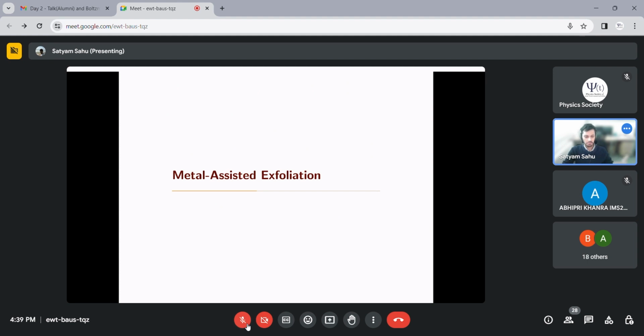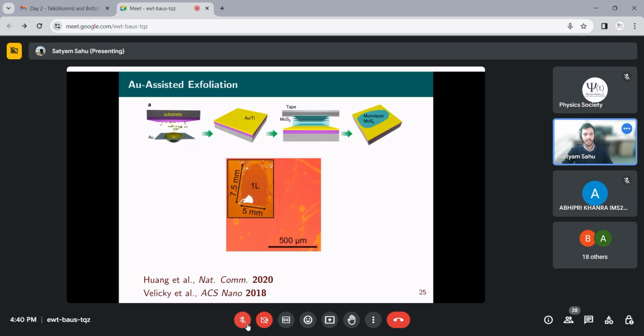it's a new technique, and people started working on it almost 7-8 years back, in 2014-15, when some people were doing something else and they got some unexpected results. We call it metal-assisted exfoliation because here, first, on the base substrate we deposit some metal, then we put the tape with the crystals, and finally you have very large size flakes.